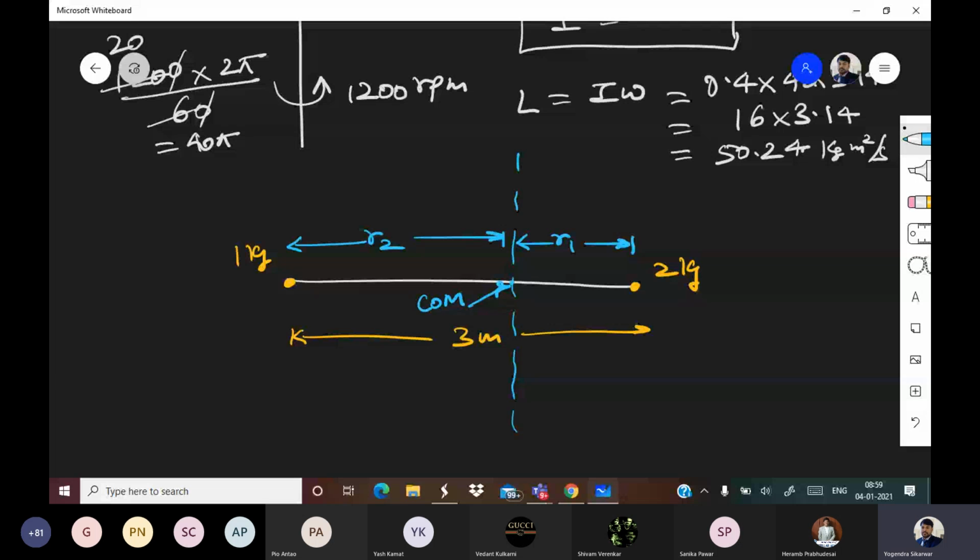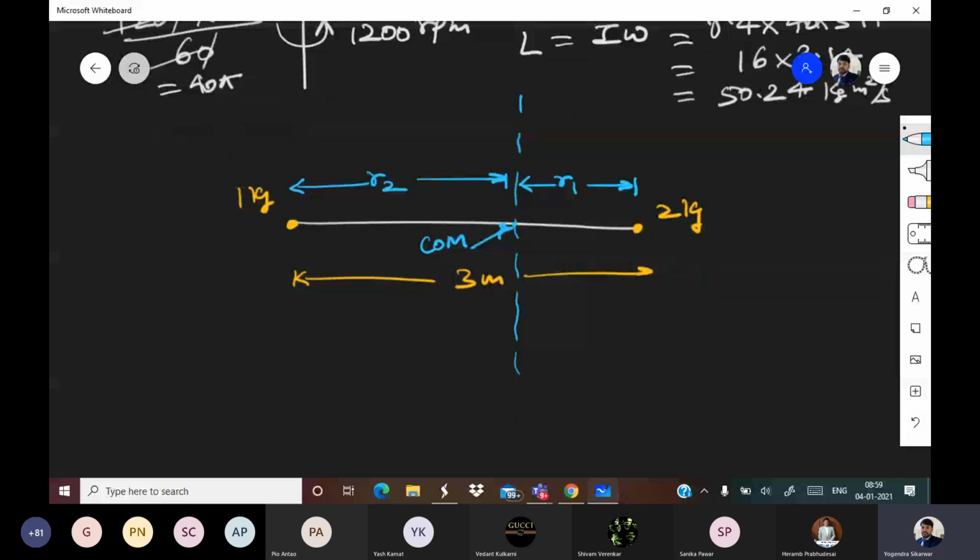The important thing in this question is where the center of mass is. Many intelligent people will not be able to solve it because they don't know where the center of mass is. Suppose the first particle is at 0, and the other particle is at L comma 0, where L is 3 meters.